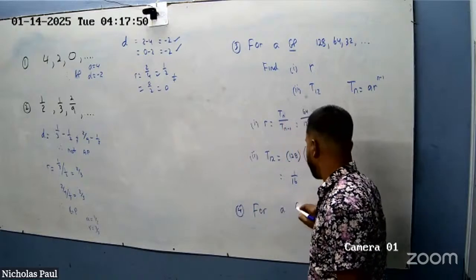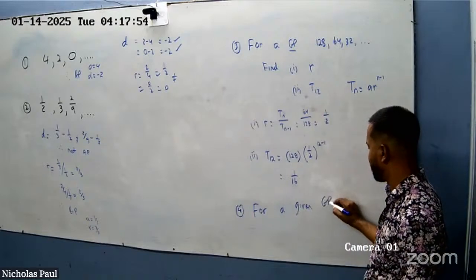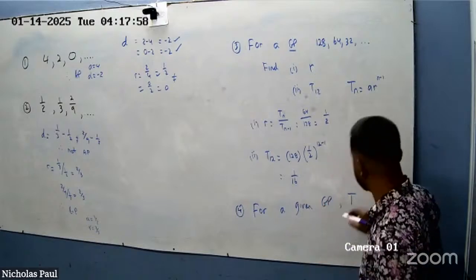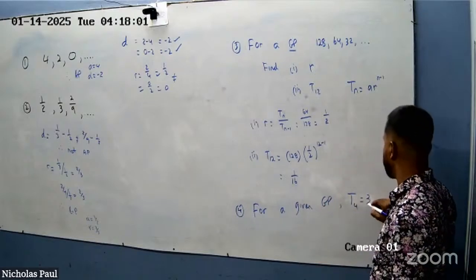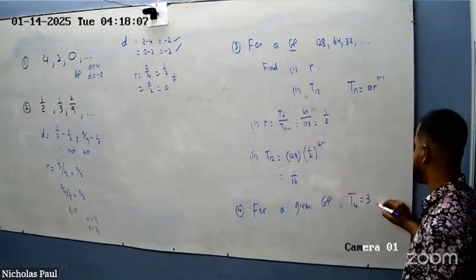For a given GP, I am giving you the fourth term. The fourth term is 3, and the 8th term is 127.